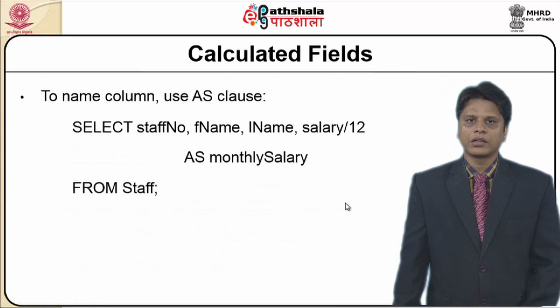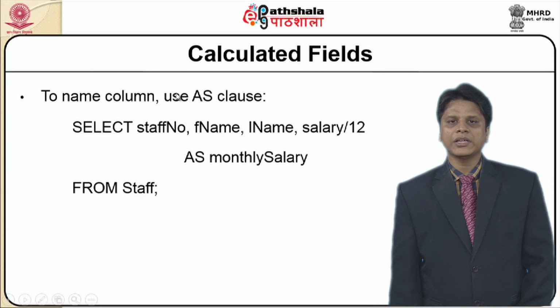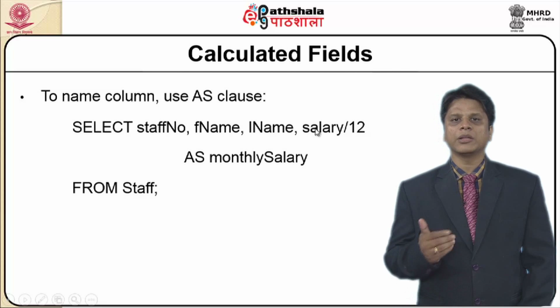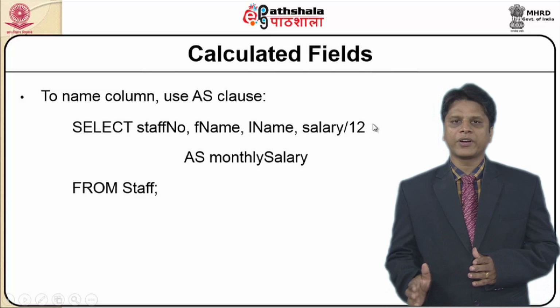Now the other query that we have is to name a column using an AS clause. Select staff number, first name, last name, salary. This is what we have projected in the previous table, which has a monthly salary. Now I wanted to maintain two different tables.